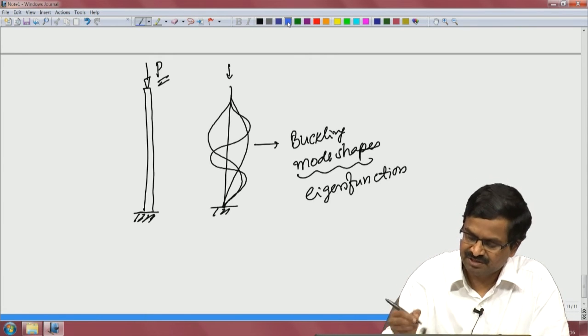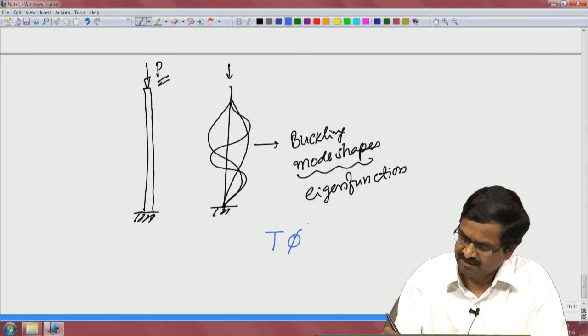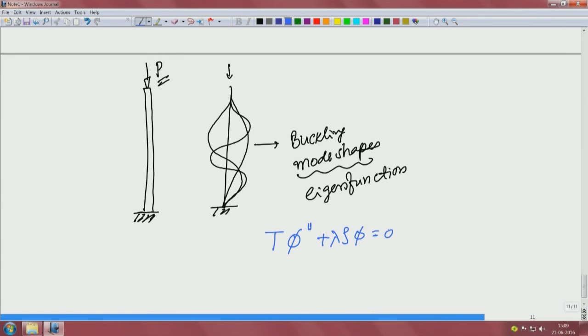In this particular string problem, our equation is T phi double prime plus lambda rho phi equal to 0.